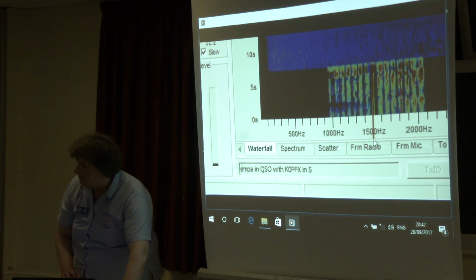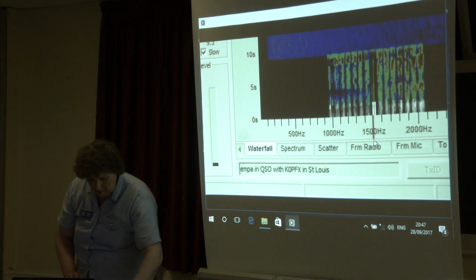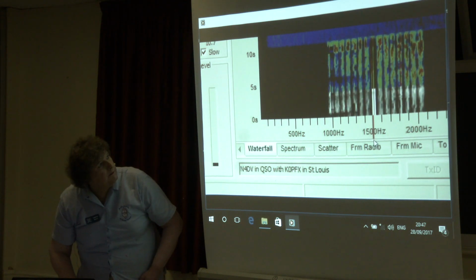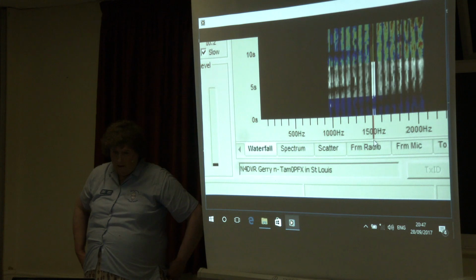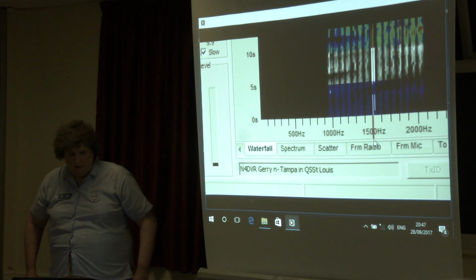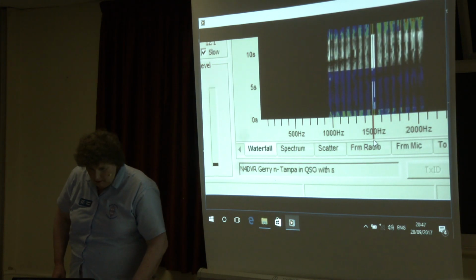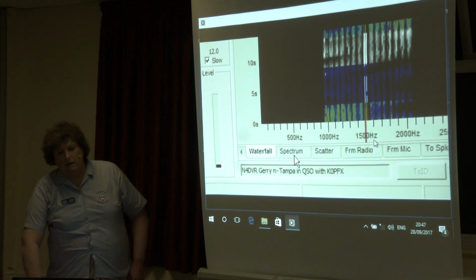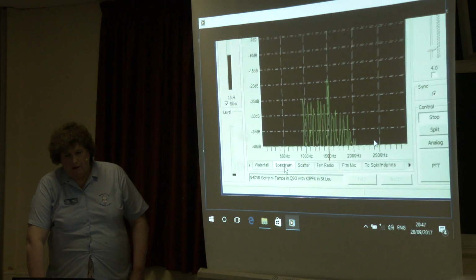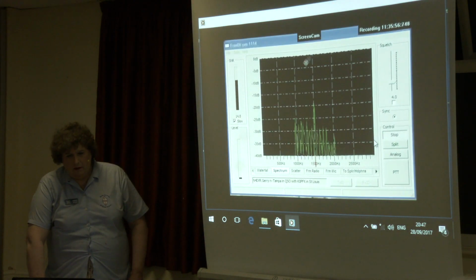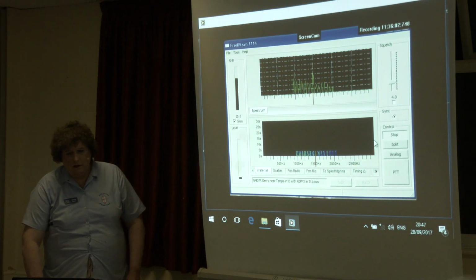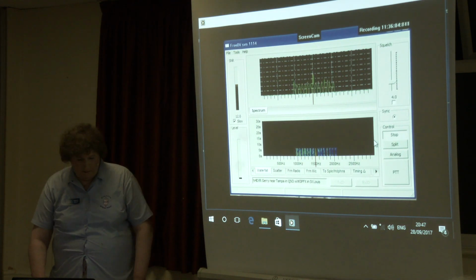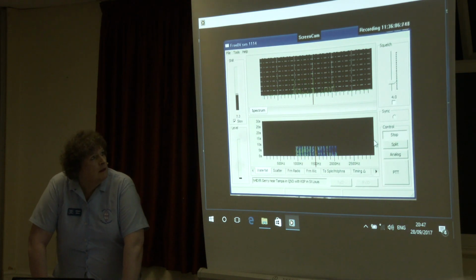I'm located near Tampa, Florida. We're using open source FreeDV with codec 2. The bandwidth on this mode is about 1.1 kilohertz. We're going to make a test here now. We're switching from digital FreeDV to analog sideband.